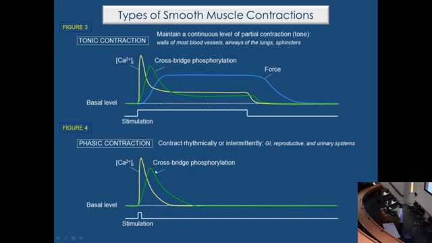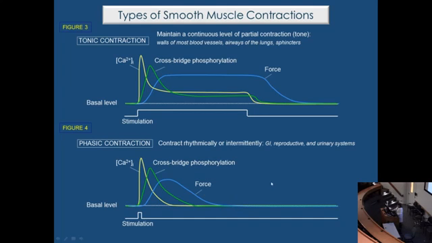It peaks and then later goes back slowly to the basal level. And then here we have the resulting contraction, right? This is more like what we would expect for the striated muscle, right? One contraction.